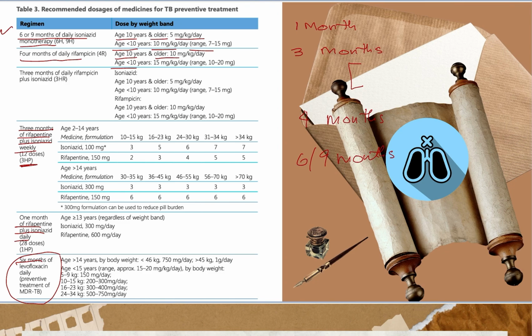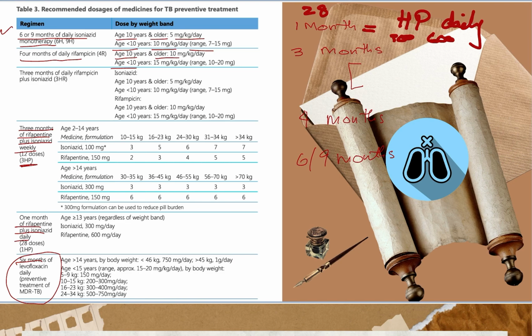In the 1 month regimen, you can offer 1HP, which is daily isoniazid and rifapentine, age more than or equal to 13 years, regardless of weight band. Isoniazid is 300 and rifapentine is 600 milligrams per day, and a total of 28 doses are to be given.